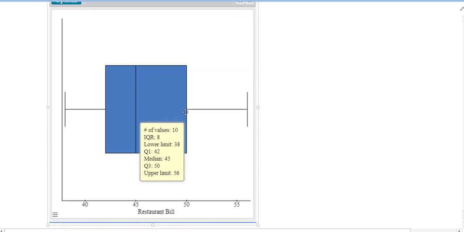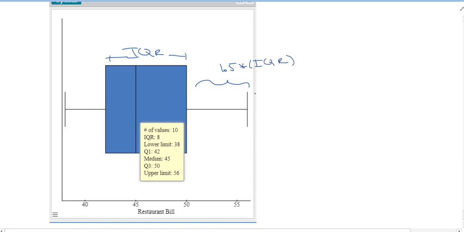So that's the maximum. Now, the fences that we have here, this is the IQR, the big box. Now this is our 1.5 times IQR. This is what tells us if we have outliers.